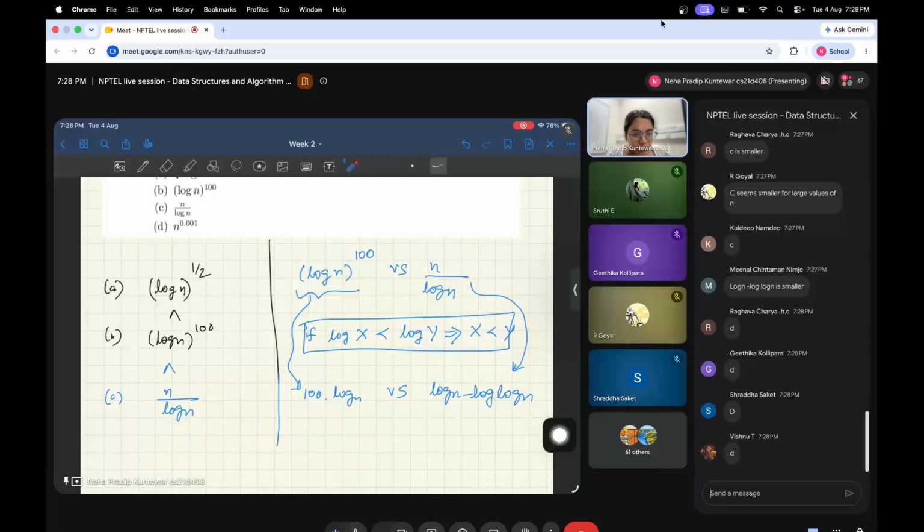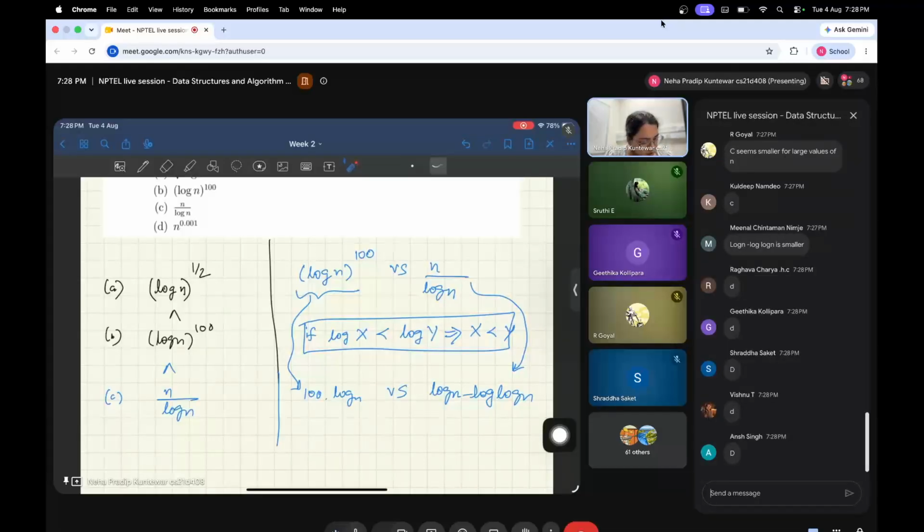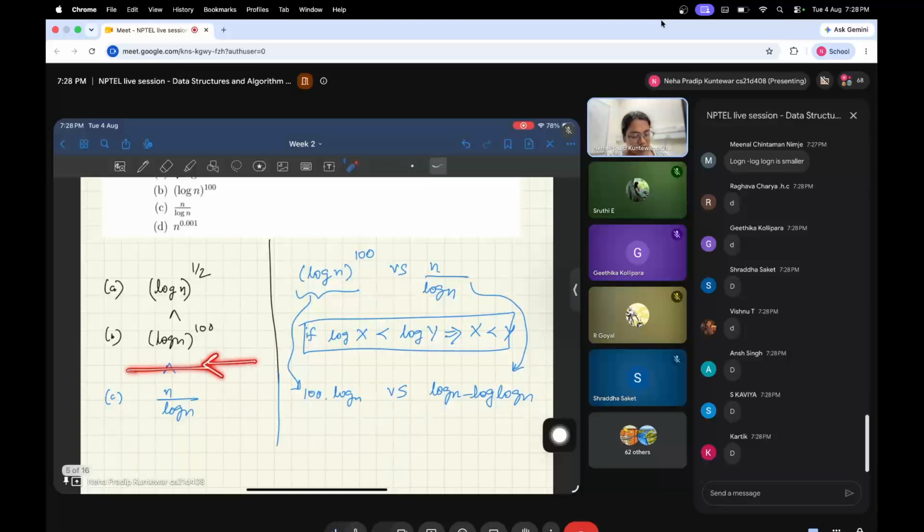Good. So between C and D, D is smaller. So D should definitely be before C, but D could be here or it could be here. So what is the correct place?